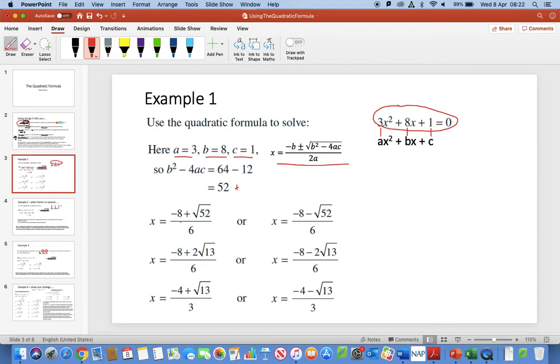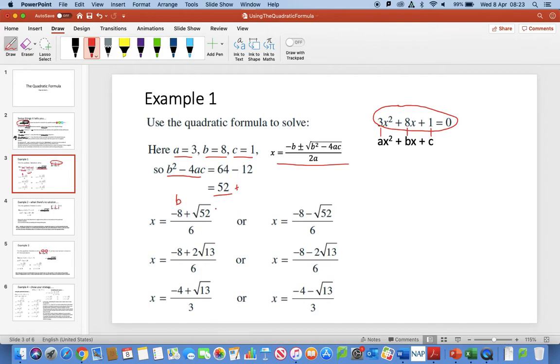So looking at the two possible solutions, if we look at the b plus the square root option, we substitute in the value for b here, which is negative 8. Now it's negative because there's a negative in front of the b, so we're always negating whatever the b value is. So negative 8, and in this scenario plus the square root of 52, because that's what b squared minus 4ac is. And then it's divided by 2 times a. Okay, so 2 times 3 is 6.